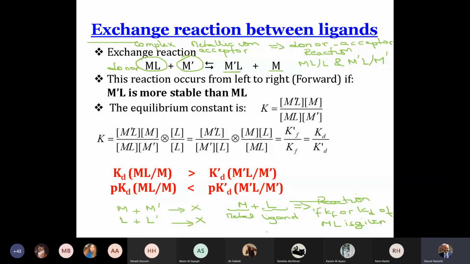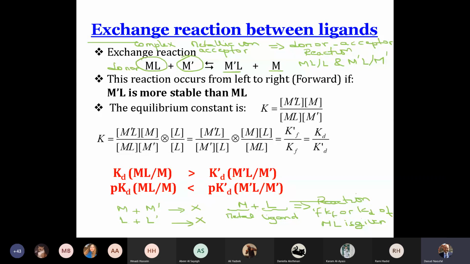The below reaction is a reaction of complexation. According to the thermodynamics that we studied in the first semester, this reaction is favored in direction 1 if M prime L is more stable than ML. According to the thermodynamics, this reaction is favored from left to right, or in direction 1, or in the forward direction, if M prime L is more stable than ML.